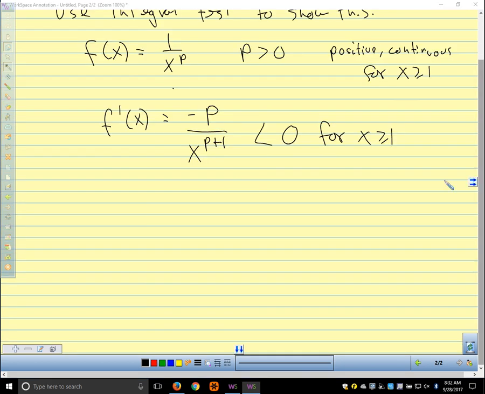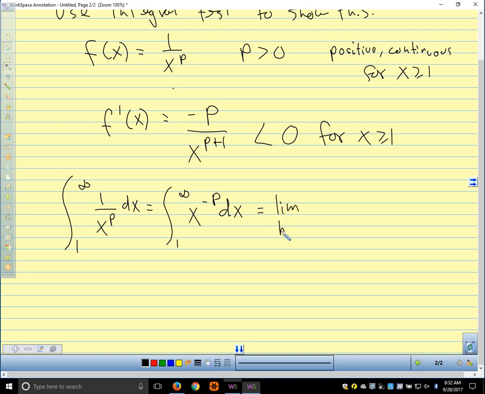All right, so we're going to integrate now. The integral from 1 to infinity of 1 over x to the p dx, I'm going to rewrite as the integral from 1 to infinity of x to the minus p dx. For our improper integral, it's the limit as b approaches infinity.